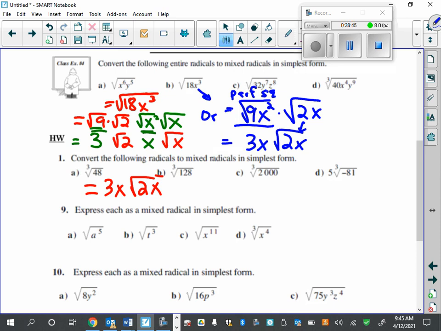So write them both, and your brain can choose whichever way you like the best. You break down the numbers separately and the letters separately, and then combine them at the end, or just put all the perfect squares first, all the non-perfect squares second, and you can always square root perfect squares.